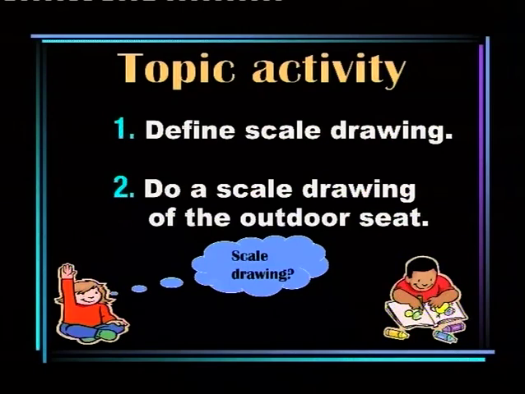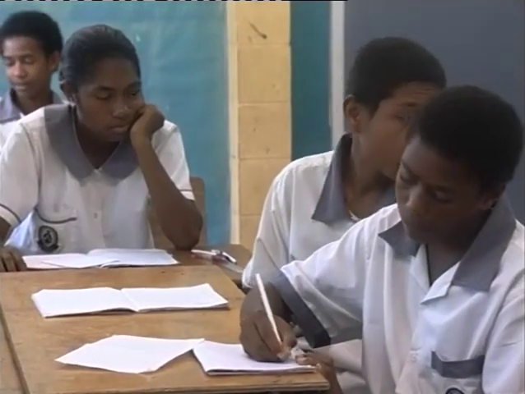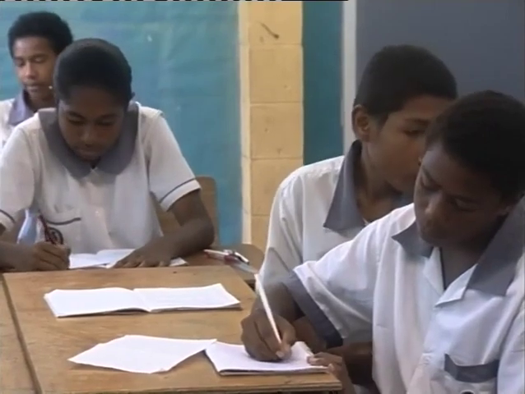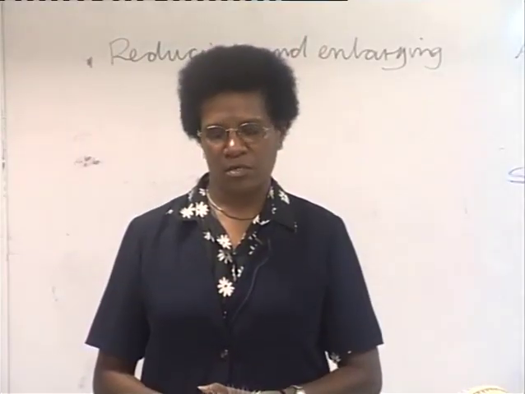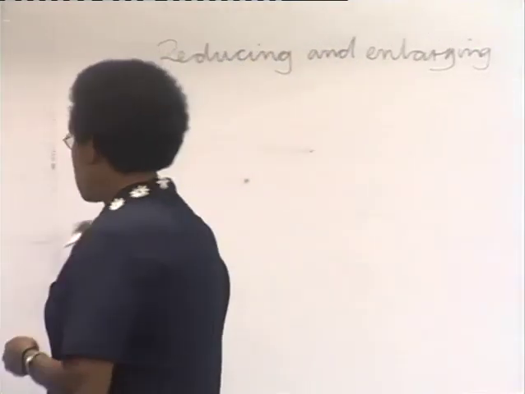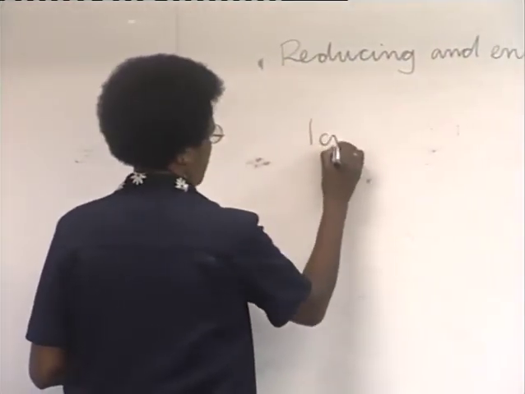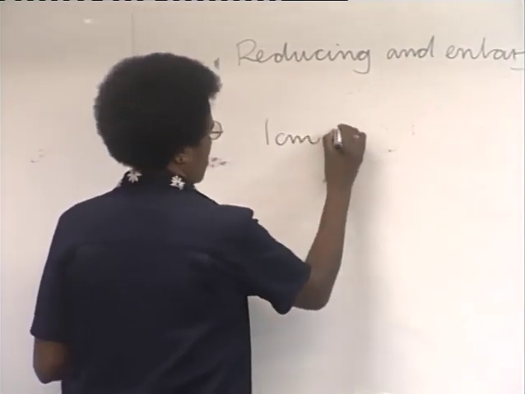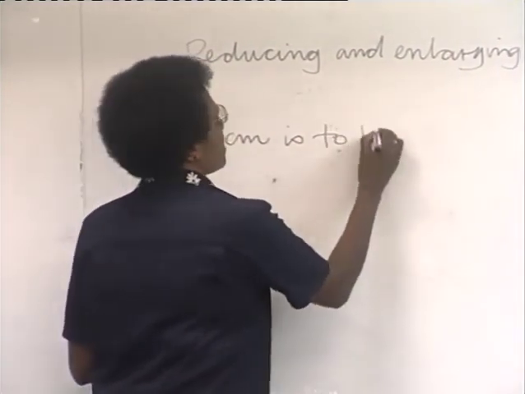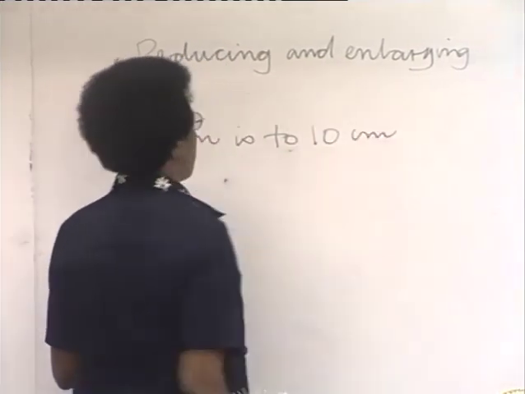Now, as you have heard from your friends, scale drawing is a drawing that has been reduced or enlarged to a common scale. And the example we have says 1 centimeter is to 10 centimeters.